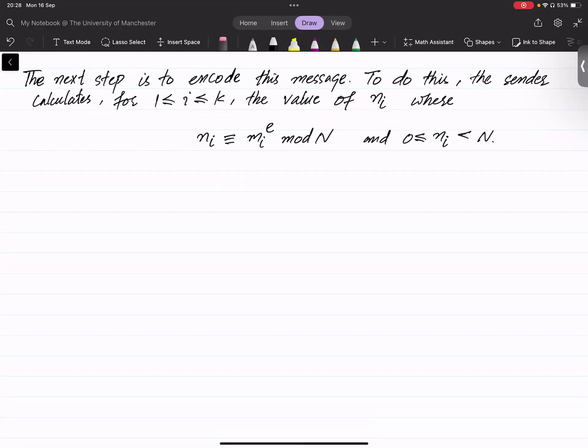This can be done quickly on a computer using the method of successive squares described in example 14.3.